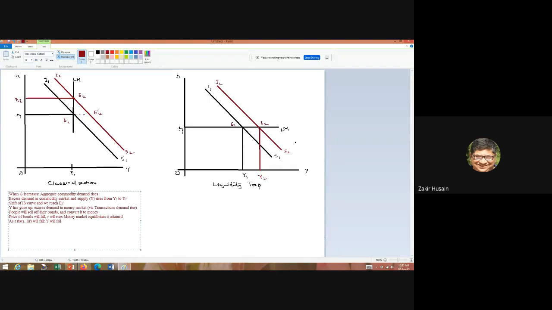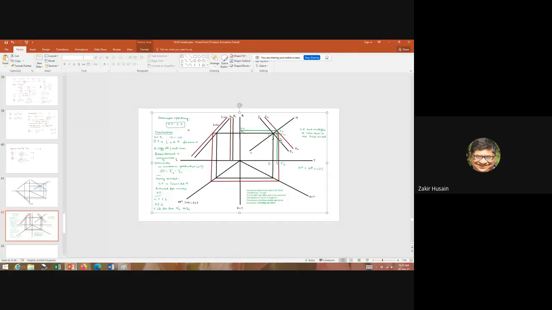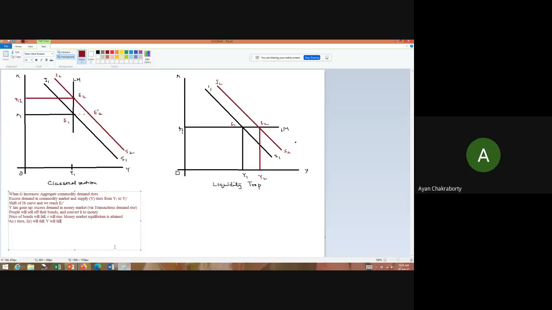So this part is what was occurring in the earlier case. You had the same mechanism. Money market, income rises, transactions demand goes up, excess demand for money, rate of interest rises, investment falls, income falls, right?